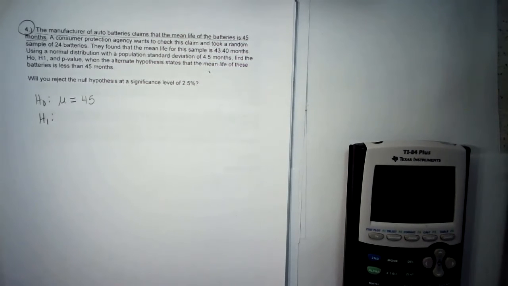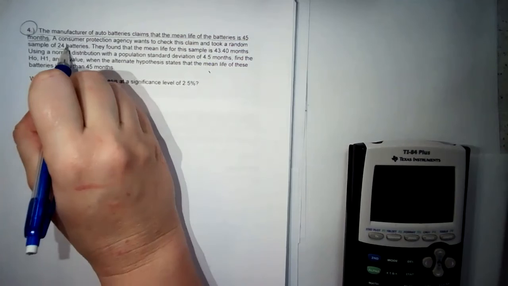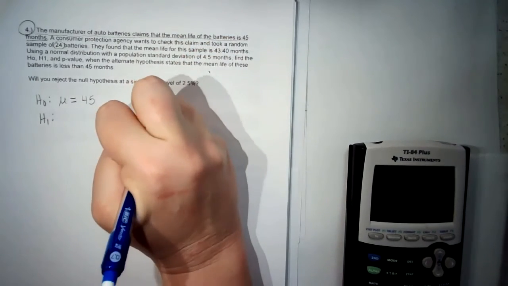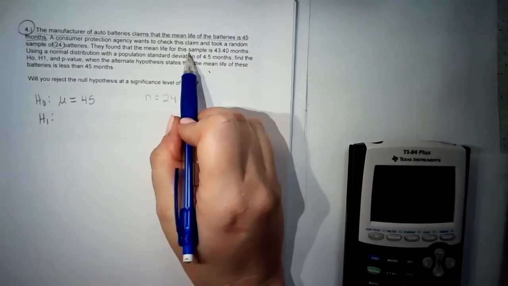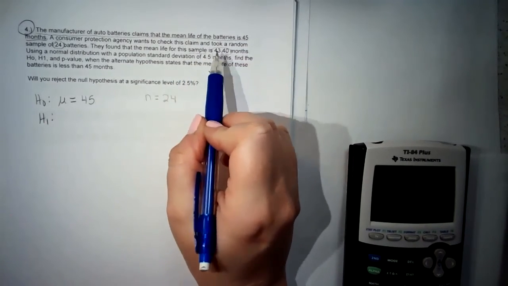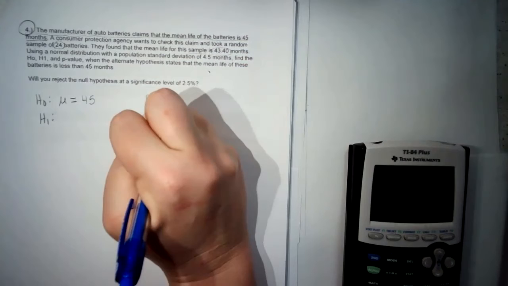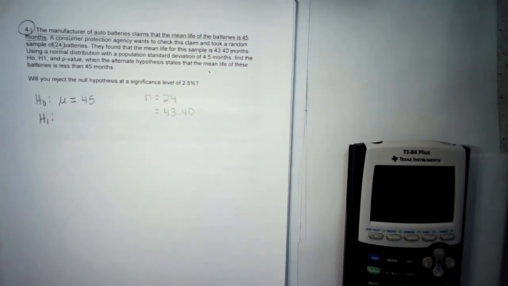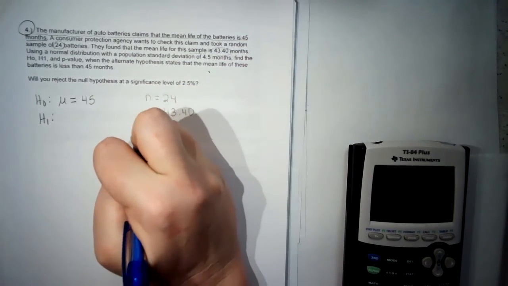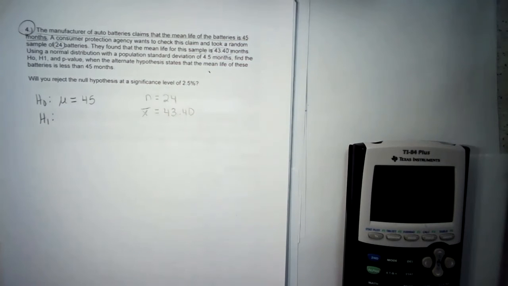A consumer protection agency wants to check this claim. They took a random sample of 24 batteries. Okay, n is 24. They found that the mean life for this sample is 43.40. So what is 43.40 going to be? It's the mean of the sample. Here's your x bar. Good.